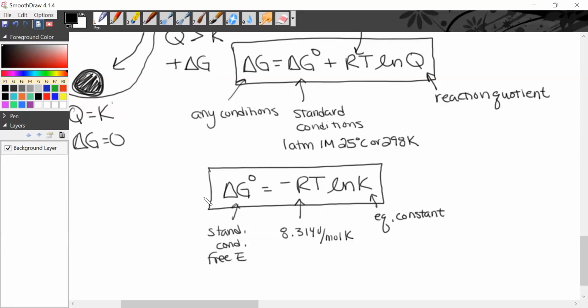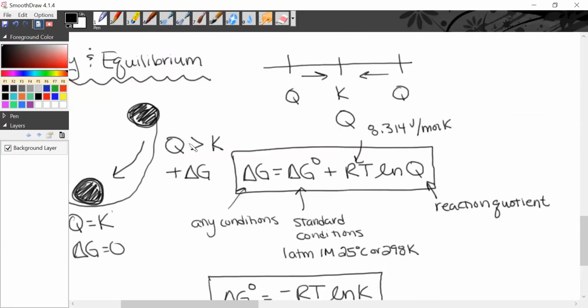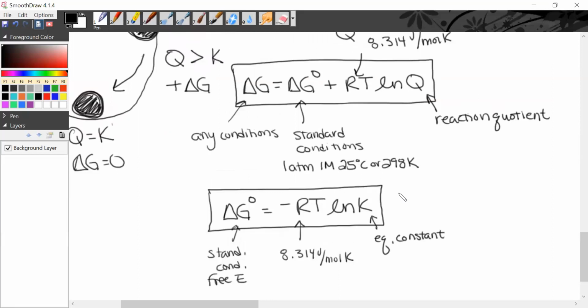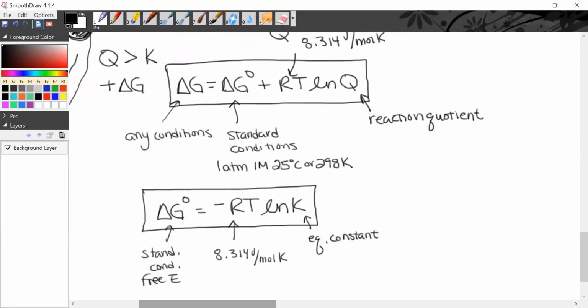It shows you this relationship between these three variables that I was telling you up here conceptually are related to each other. This is just a mathematical relationship between those values. Which way is this reaction going to go spontaneously?